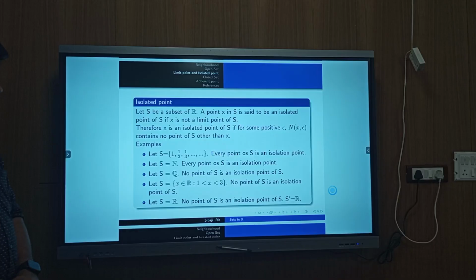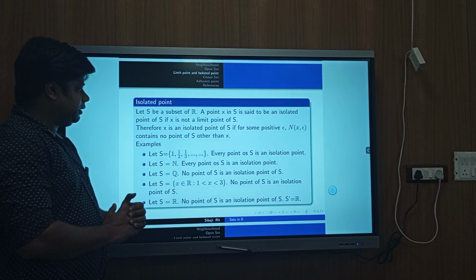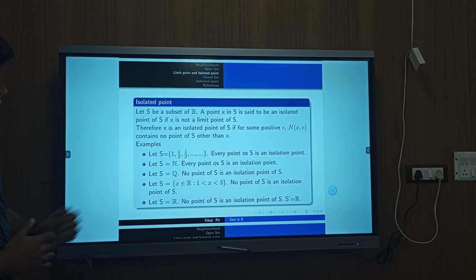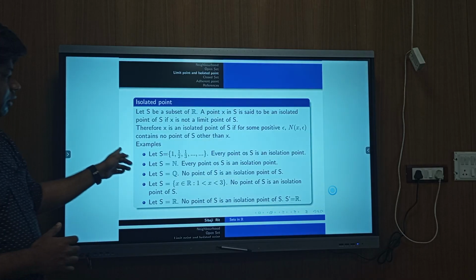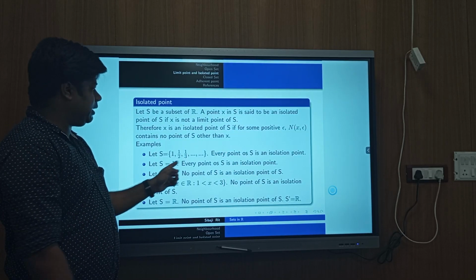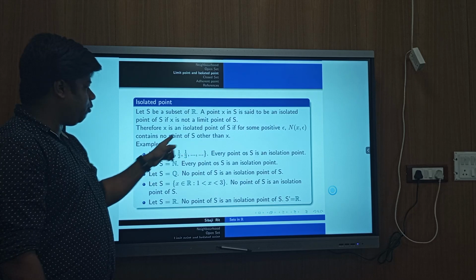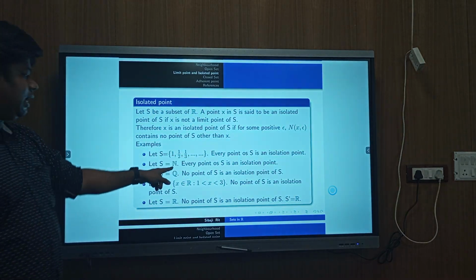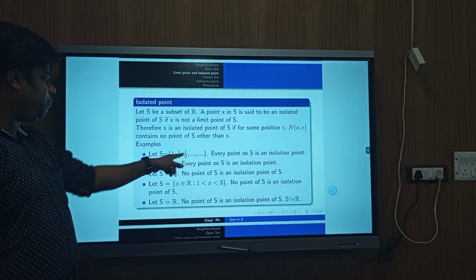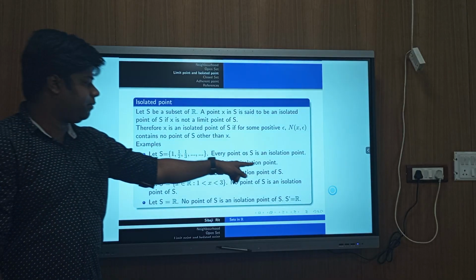For example of isolated point, if we choose S equal to {1, 1/2, 1/3, ...}, every point of this set is an isolated point. In the natural number set N, every point of N is an isolated point.